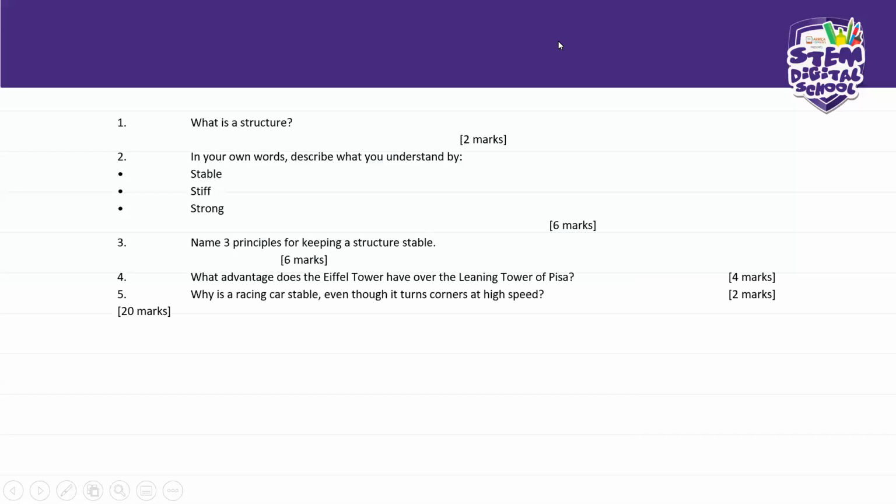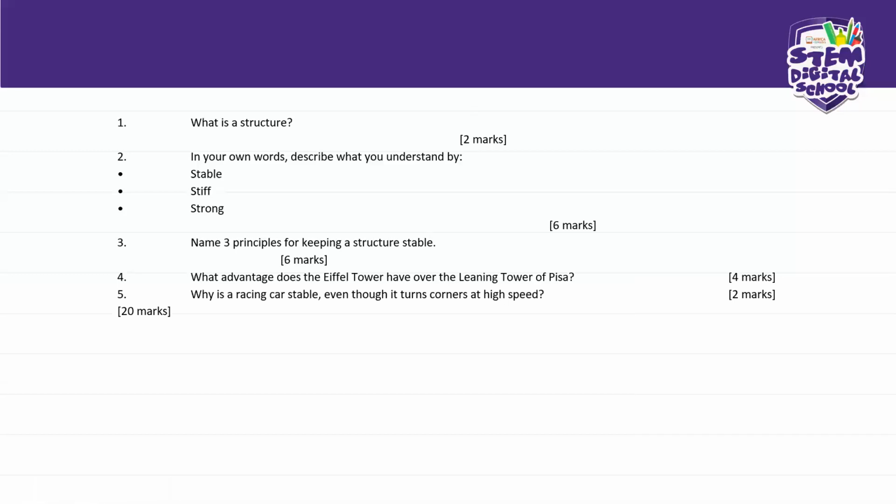Let's see. It's something made to start a new design process. A structure unites to support, yes, I would mark that. With stability, yes, I would mark that correct. This one, no, no, no, right?